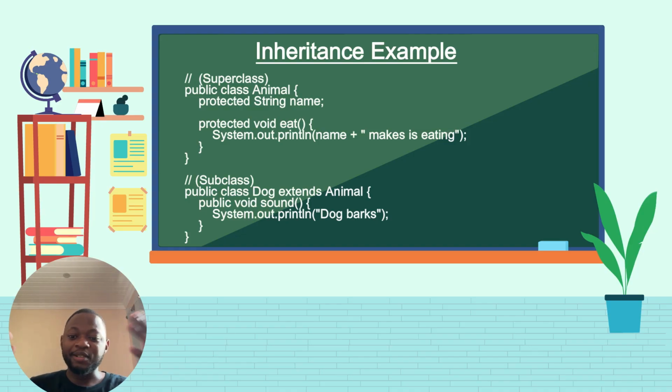You can also take it further and maybe have a subclass of a cat that also extends the animal superclass, and you can have access to the main attributes and the eating method without having to re-add those methods on the new class, which would be maybe your cat class, if you get what I mean.